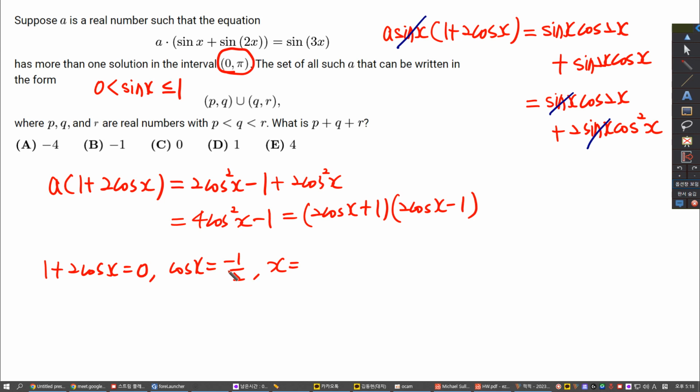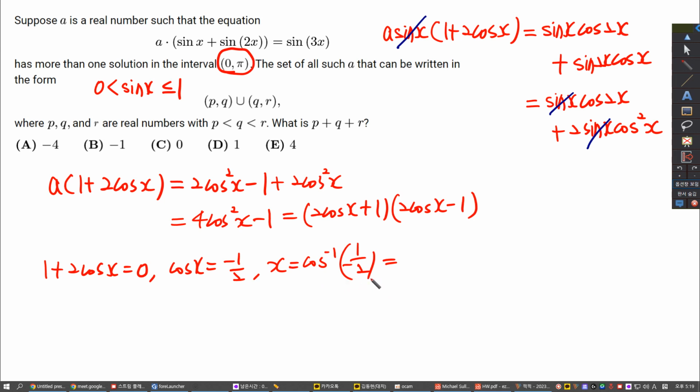Do you know the value of x when cosine x is minus 1 half? You can use a calculator. Can you find this cosine inverse of minus 1 half? Can you hear me? 120? Yeah, 120 degrees.